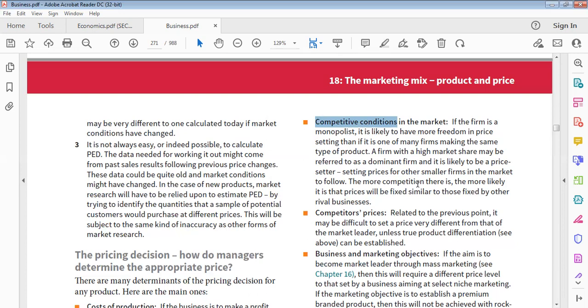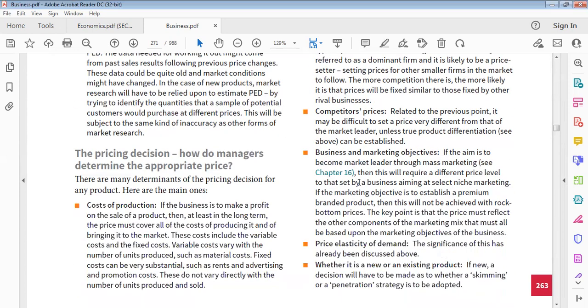So in that case, because your product is a bit specialized, you will have a competitive edge. You'll be two steps ahead of your competitor, so maybe you can charge a higher price than your competitors. So it really depends on your competition. You need to consider the competition when you fix the price.